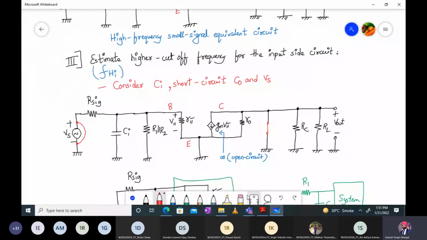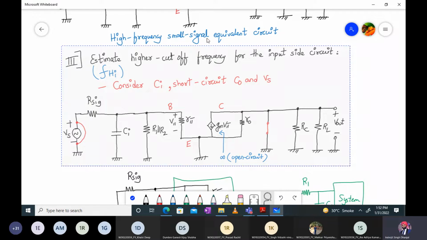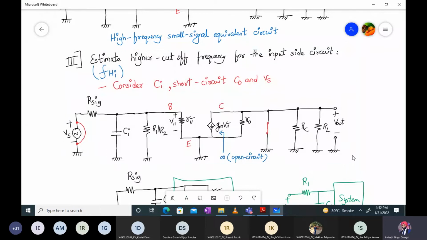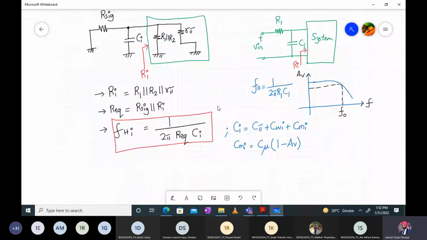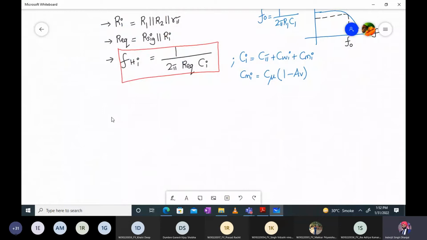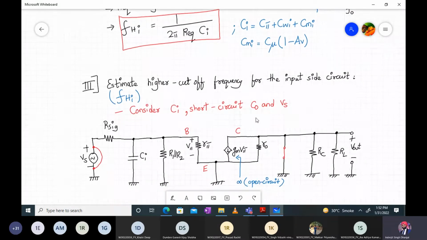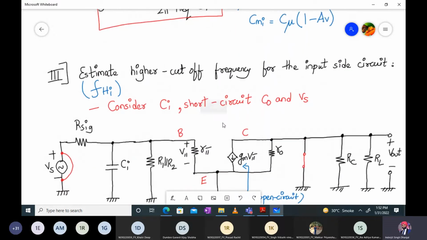So let me redraw this. Let me cut and you might have to redraw it one more time in your books. Okay, fine. Let me add that part over here. Next, we'll find FHO, the higher cutoff frequency due to output side circuit. Because there are only two capacitors present, Ci and Co. This is the fourth part.